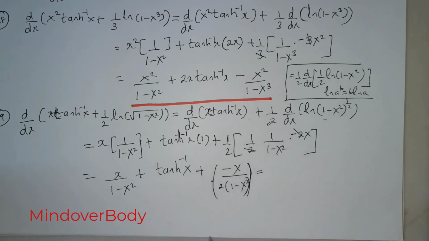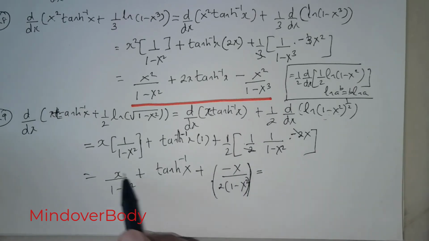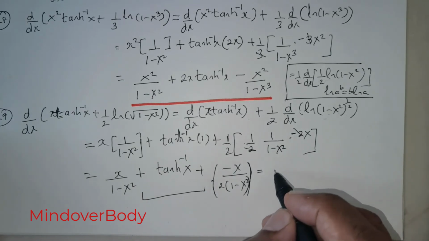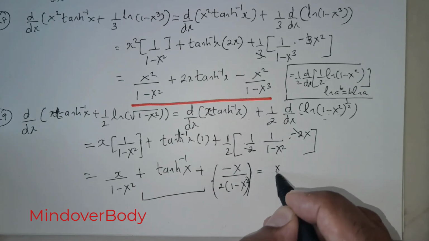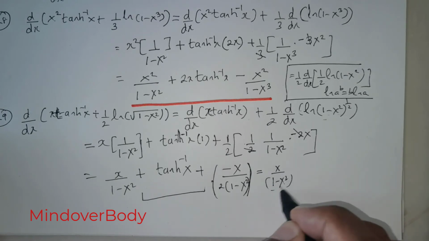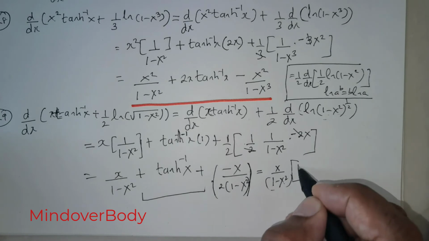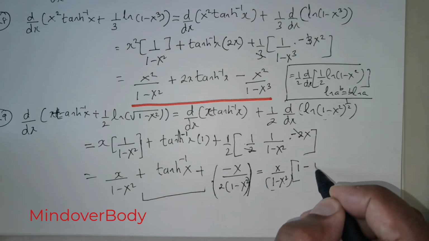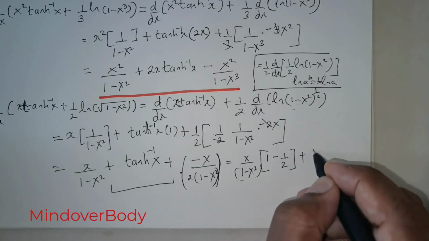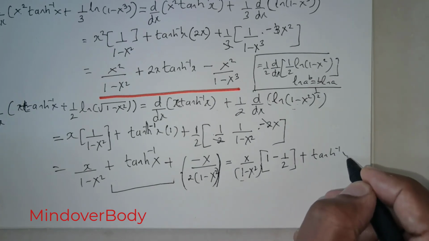Now what I can do is I can actually club these two together. If I were to club these two together, I can take x over (1 − x²) out. If I were to do that, I get a 1 here, and then this is 1 over 2 plus hyperbolic tan inverse of x.